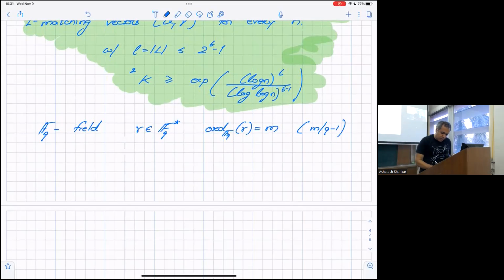What does Efremenko say? F_q is a field and m is a factor of q minus 1.